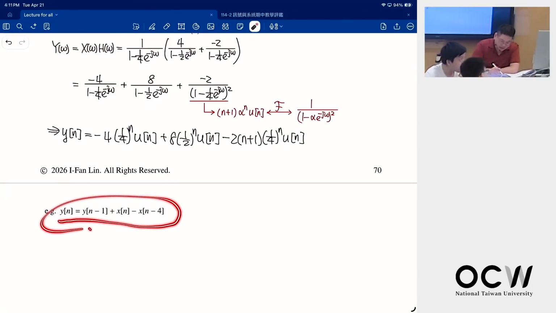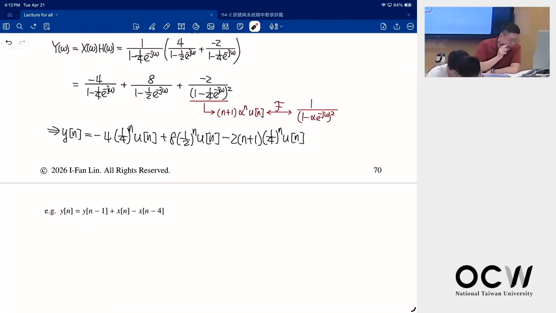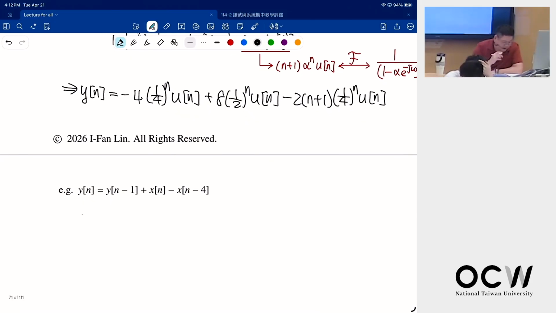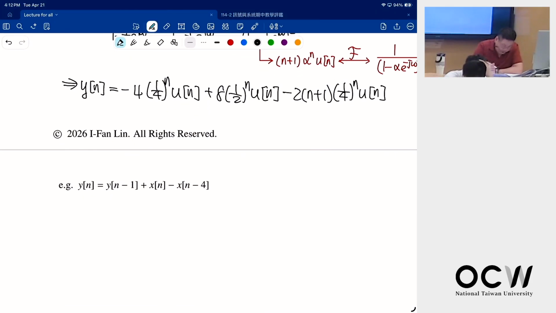I have this difference equation of a discrete time LTI system. Similarly, you can take the Fourier transform and you can find the system's response, H omega.